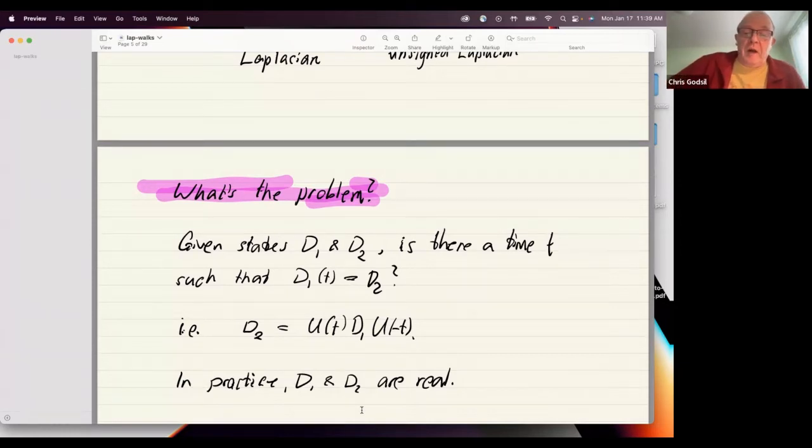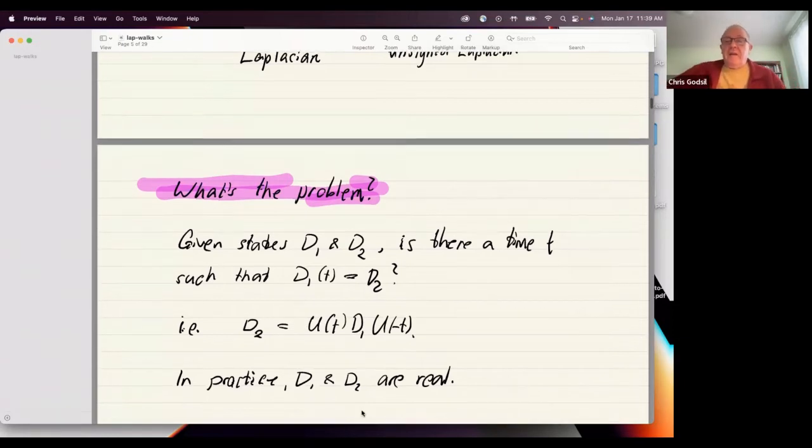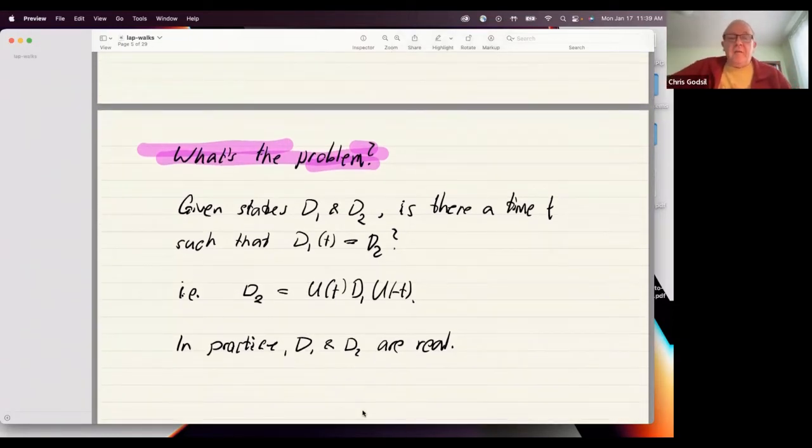Now, this is not a requirement, and it's easy enough to write down states which are positive semidefinite, have trace 1 and aren't real. But in practice, the states that the physicists want to use in their quantum walks are real. And it turns out that this makes a big difference to the calculations in the theory, and I'm going to demonstrate that right now.